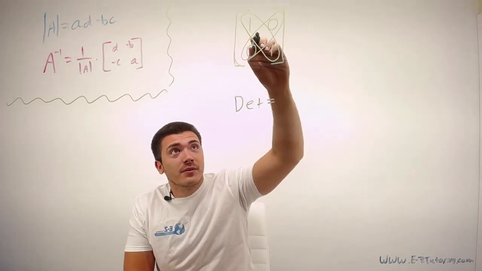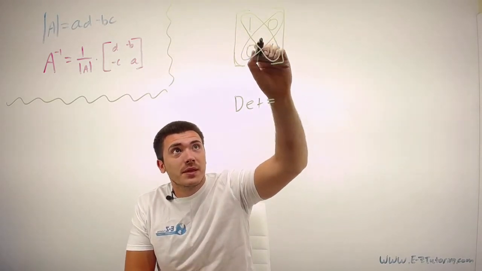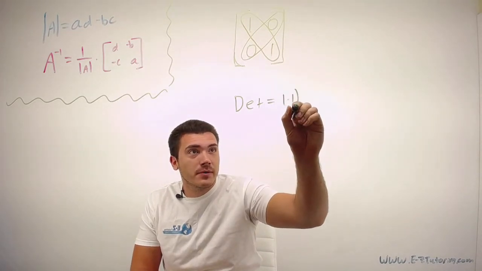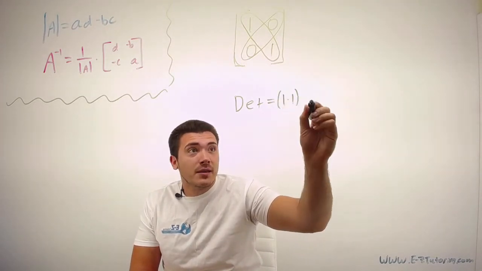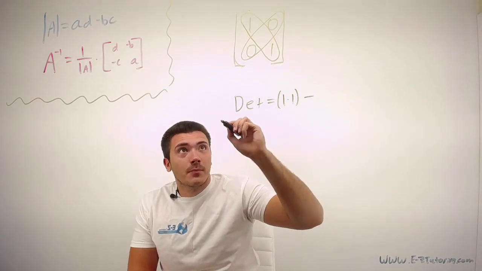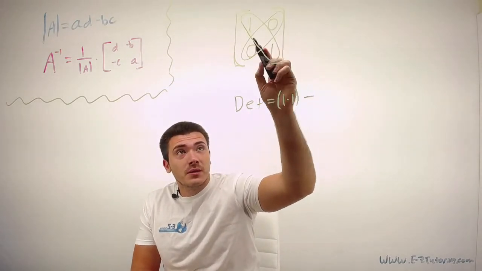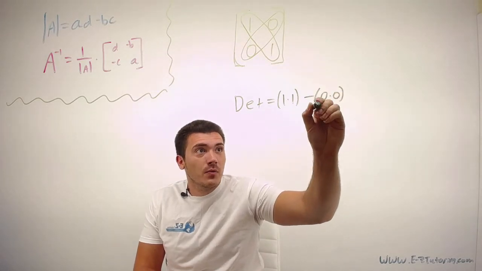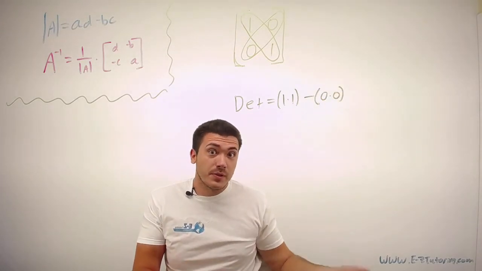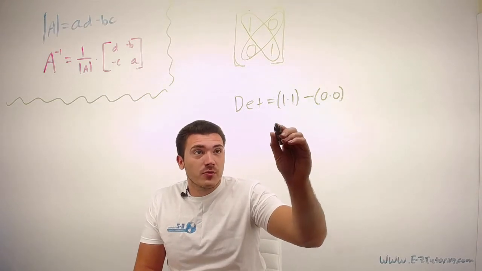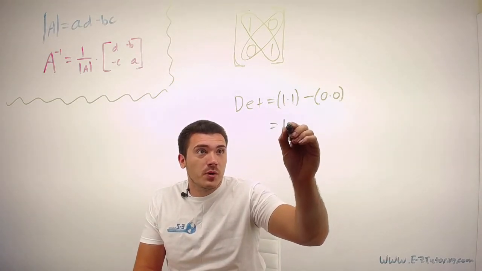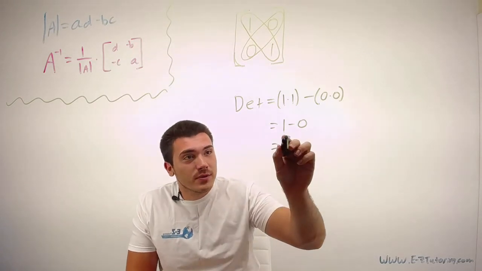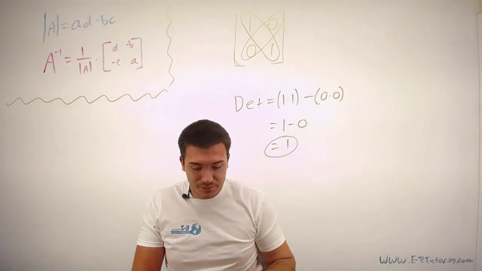So the first diagonal, AD, is 1 times 1, minus BC, which is 0 times 0. Well, 0 times 0 is simply 0. And 1 times 1 is 1. So 1 minus 0 is 1. So your determinant is 1.